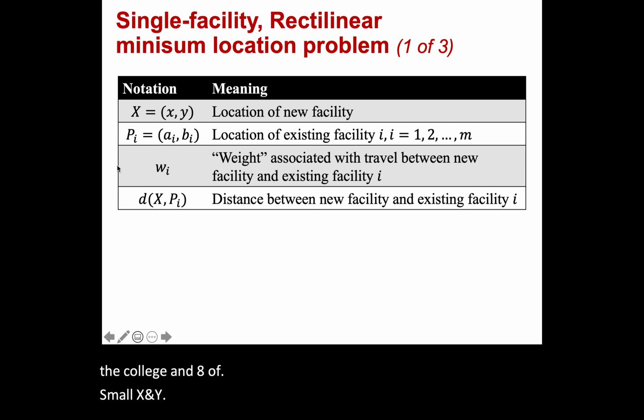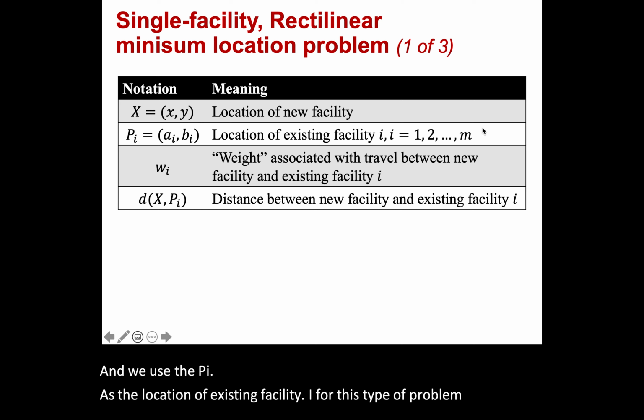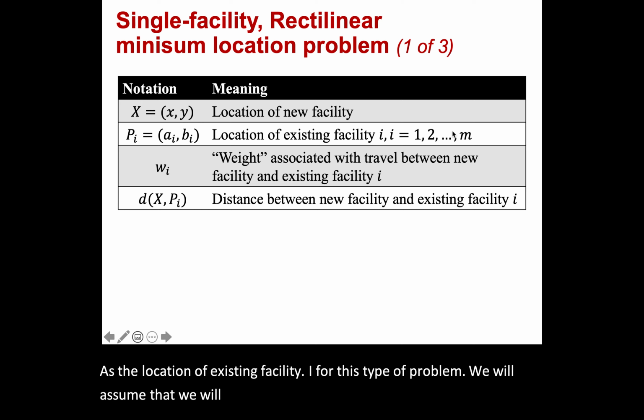And we use Pi as the location of existing facility i. And for this type of problem, we will assume that we have m existing facilities.